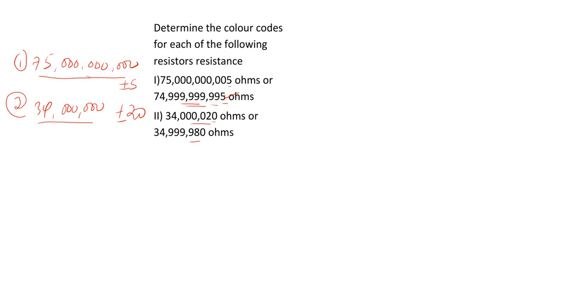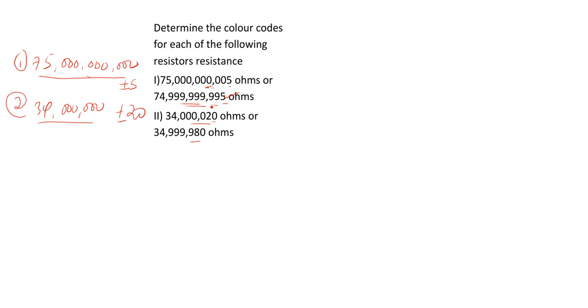So before we go to how we determine these resistances, let me mention something else. The way these resistances have been given, it means that the plus or the plus and minus value at the end will represent the tolerance.